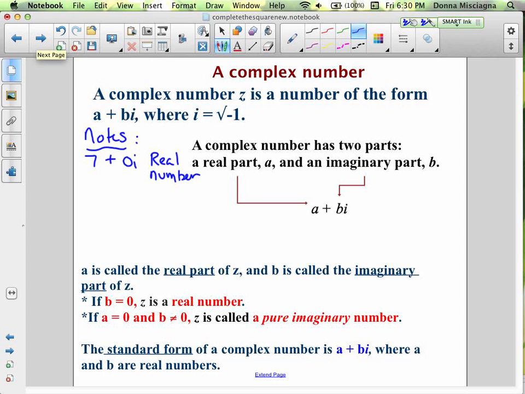If a is 0 and b is not 0, then z is called a pure imaginary number. So for instance, 0 plus 7i, that would be an imaginary number. If both a and b are not 0, so for instance, 5 minus 2i, we have a complex number.